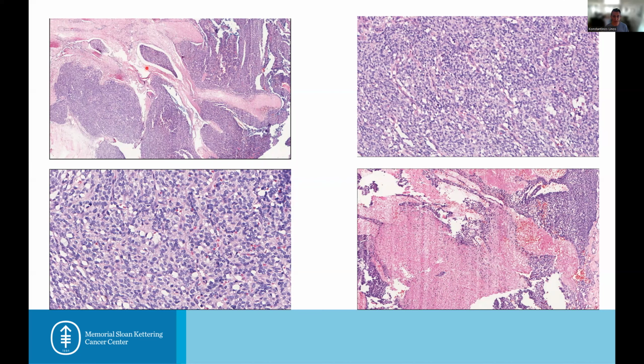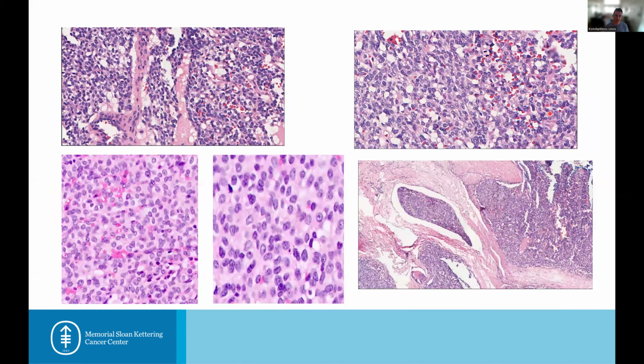The tumor looks quite uniform, cytologically relatively bland, with round to ovoid cells in hypercellular areas. There was some tumor necrosis focally. Not a lot of mitotic activity was seen, and this is a high power. You can see these ovoid cells with a relatively fine chromatin pattern with indistinct nucleoli, interspersed capillaries, and lymphovascular invasion.